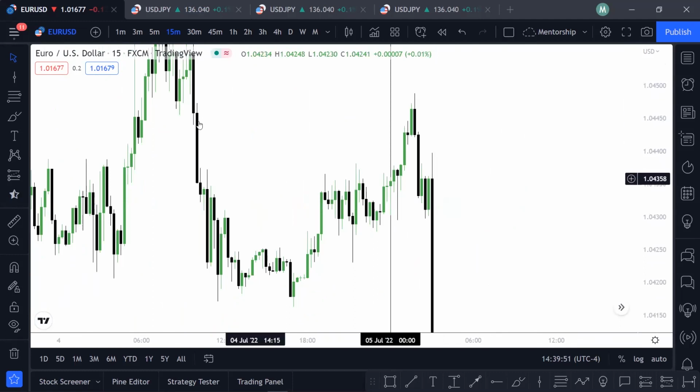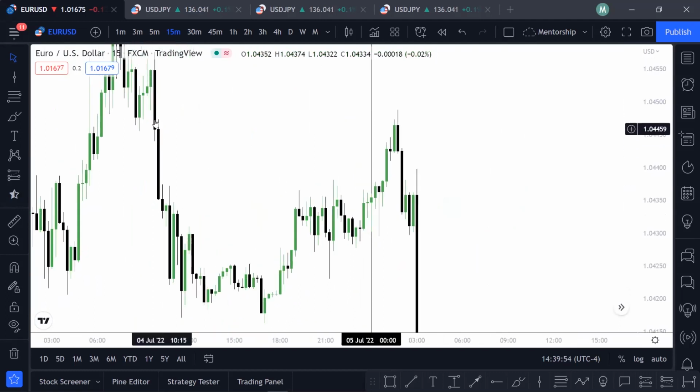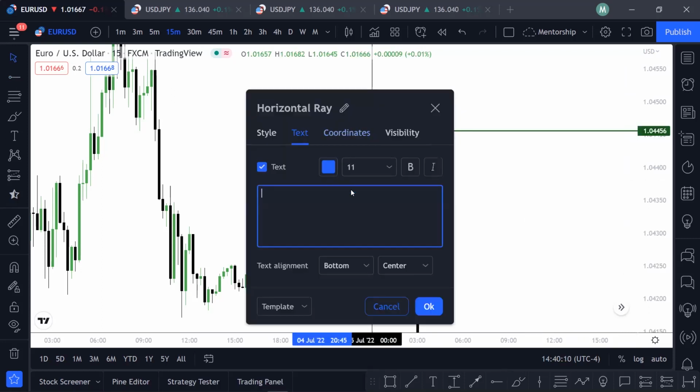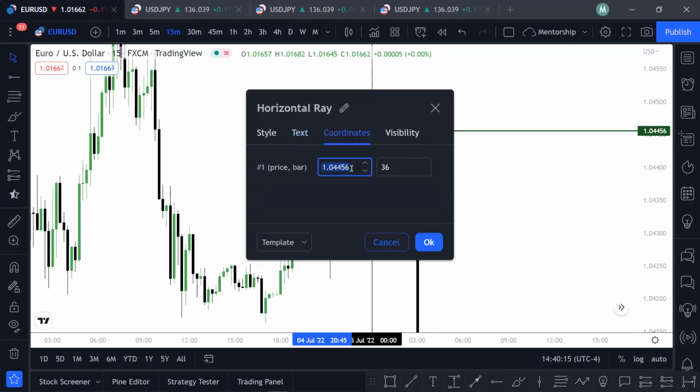Don't care about this yet. Imbalances won't help you. Order blocks won't help you. Here, the only thing that will help you to enter the market is the institutional level. Let's look for a 50 level around that area and the 80 level.